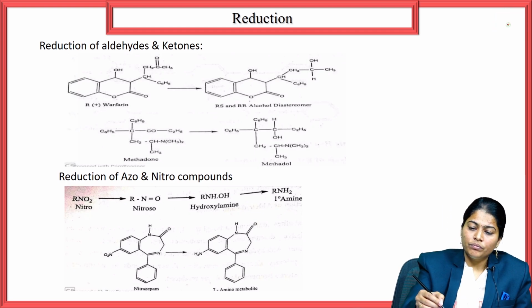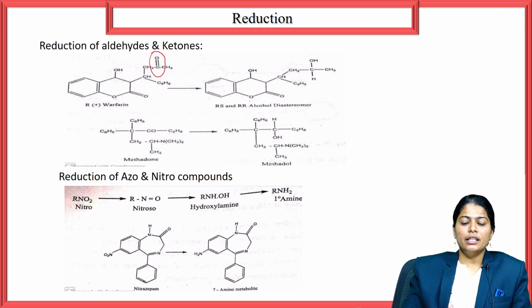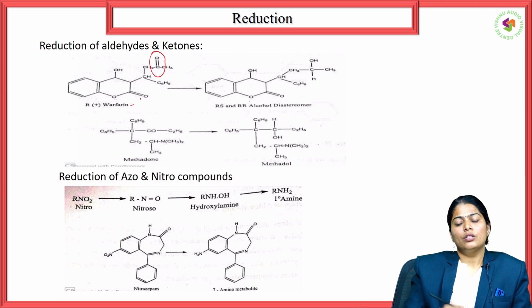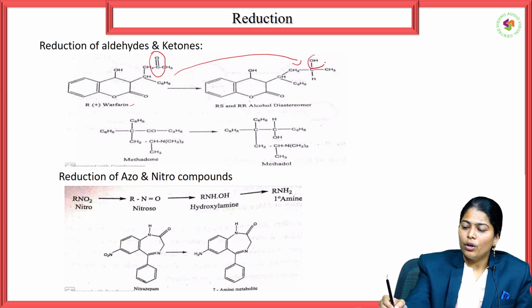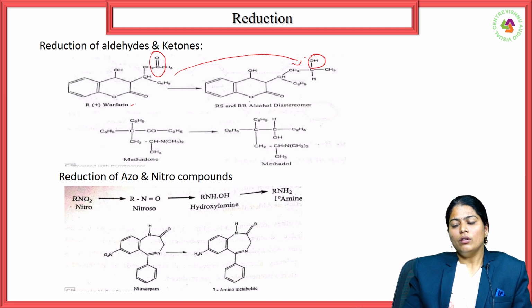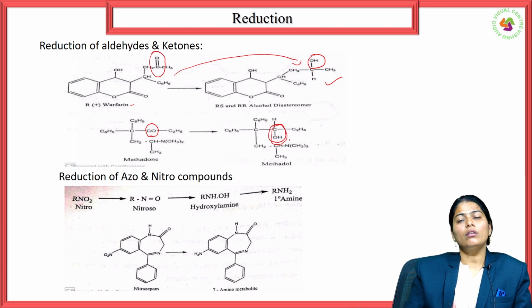See here, the ketone group present in warfarin is reduced to form a hydroxyl group, which is a water soluble component. And in the second example, methadone, by attaching an OH to the compound, the methadone is reduced. These are the two examples for aldehyde and ketone reduction.